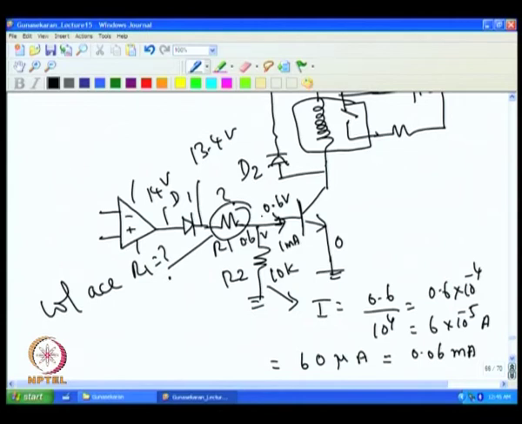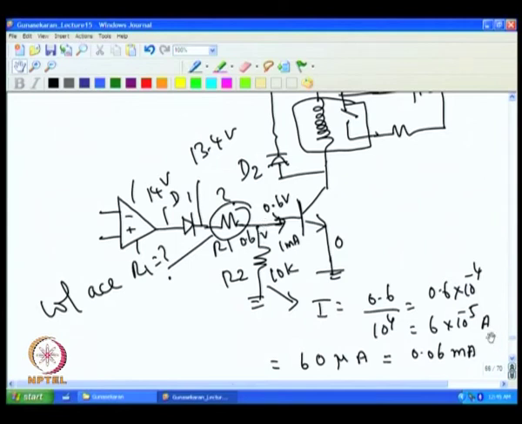That means across the R1 resistance, at this end we have 13.4 volt, at this end we have 0.6 volt. So, voltage across R1 turns out to be 13.4 minus 0.6, that is 12.8 volt.